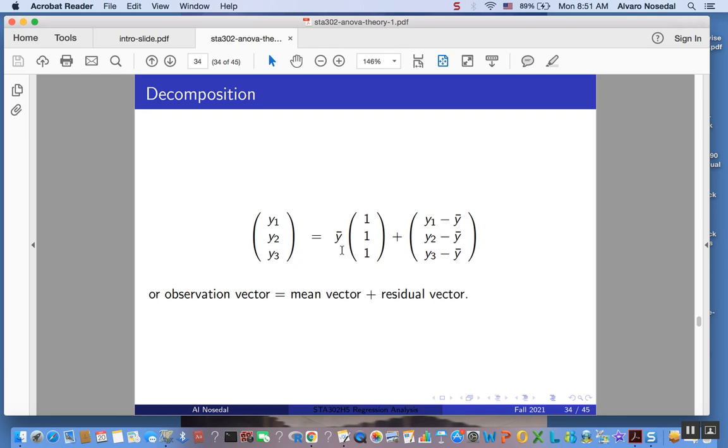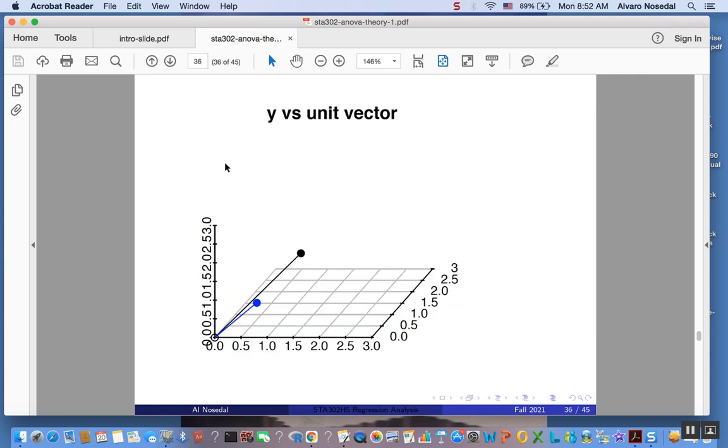Now, let me show you from a graphical perspective what we have. Let's have a graphical interpretation of what we're doing here. I prepared a few graphs.